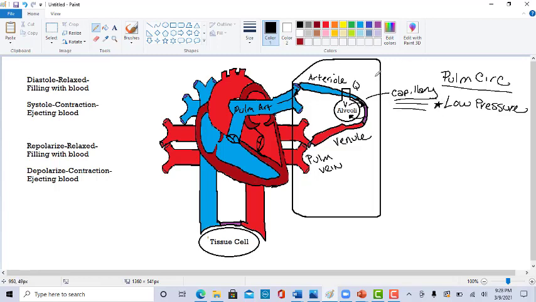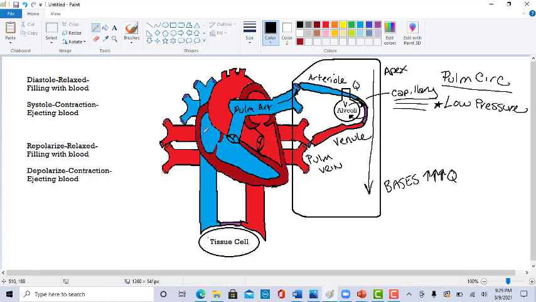Because of that, a lot of blood flow goes down towards the bases. So the bases of the lungs have a lot more Q, a lot more blood flow, a lot more perfusion than the apex. All of this is tying together. It's a low pressure system.